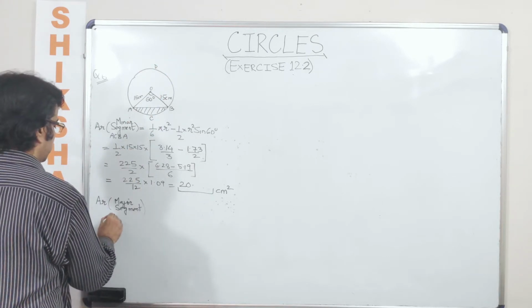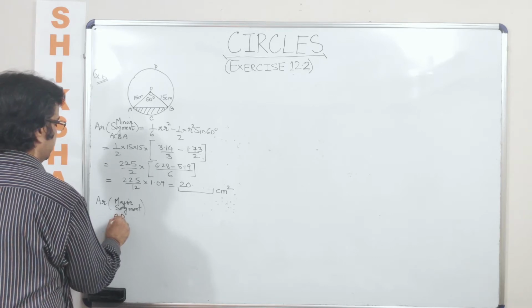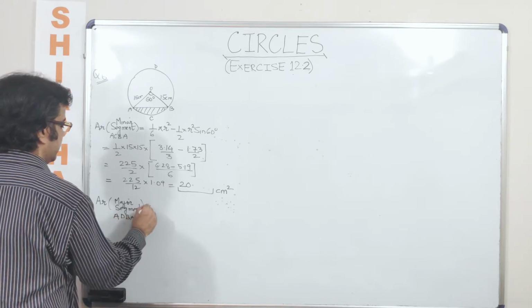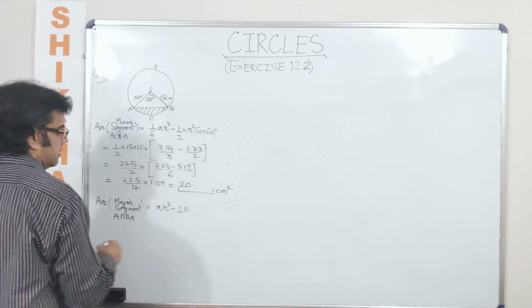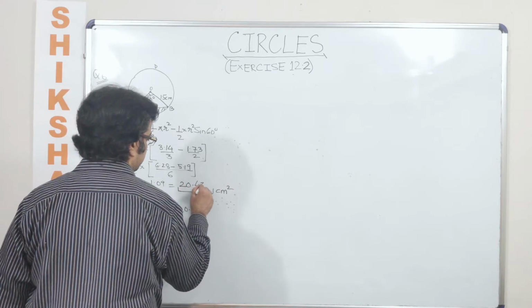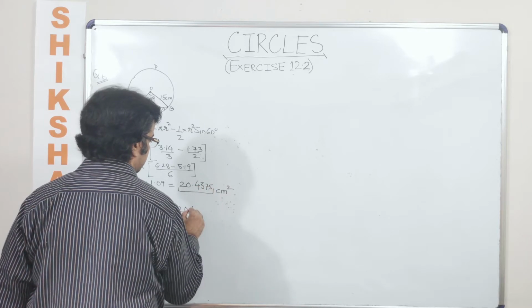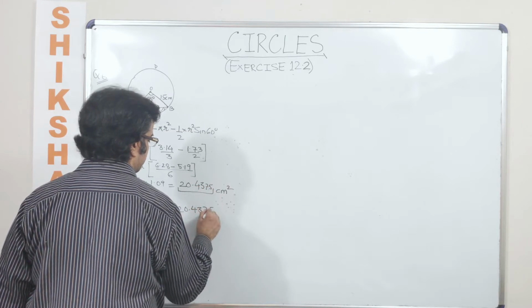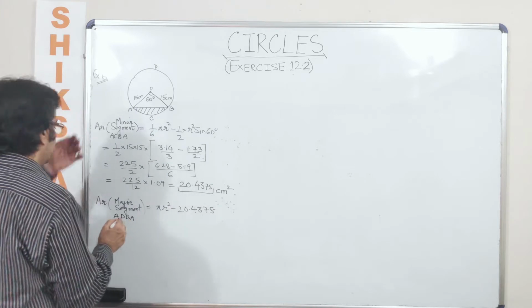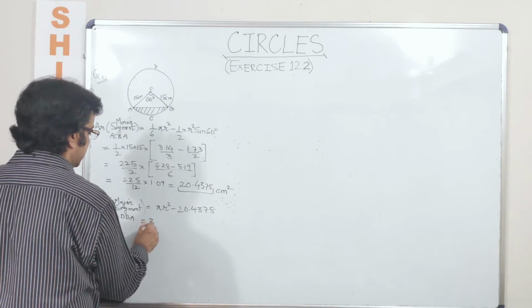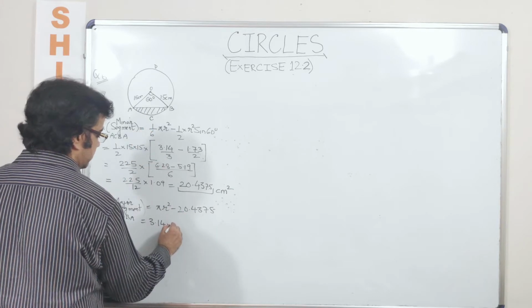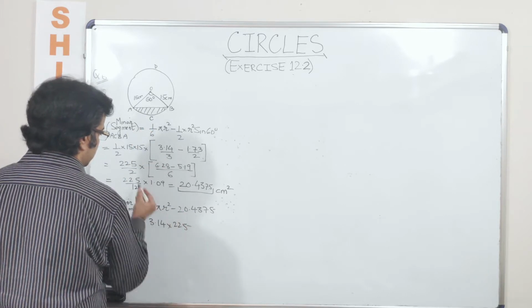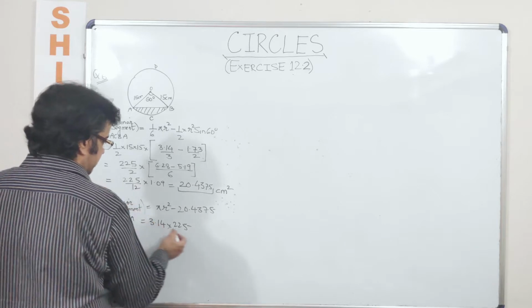So we are talking about the area of the major segment ADBA, which will be pi r square minus 20 point something. We just need to calculate pi r square, which is just like saying 3.14 into r square. Now r square is 225.